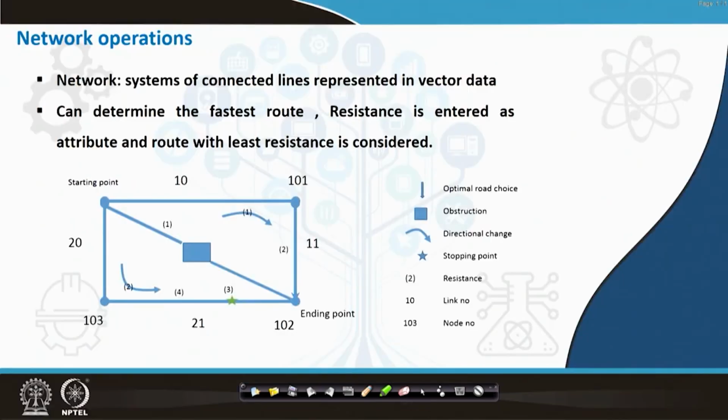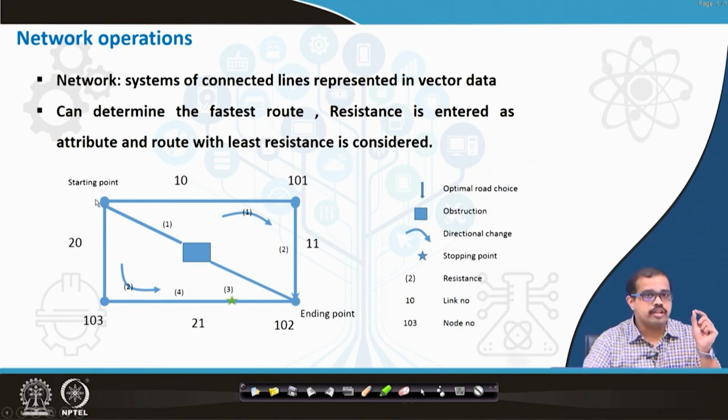When we are looking at network operations, a network is a system of connected lines represented by vector data. When you see this particular point, there is a starting point and there is an ending point. As I spoke in the previous class, if you want to reach a particular destination from a particular point, there can be several routes. This can be your shortest route.